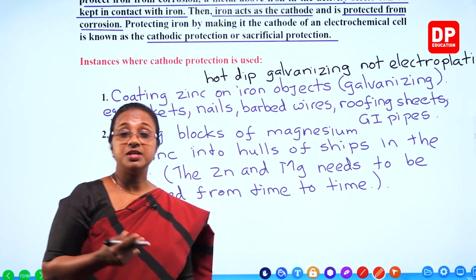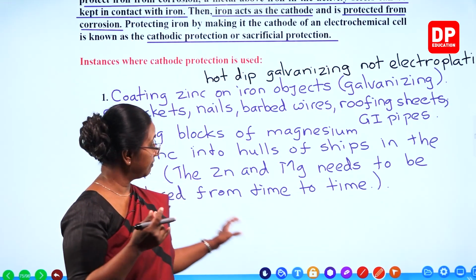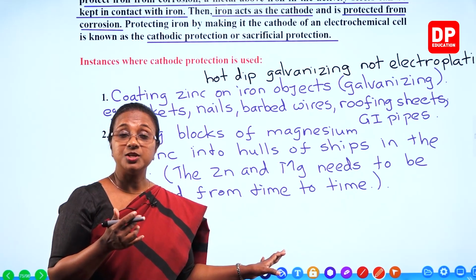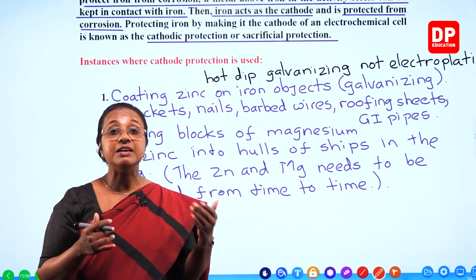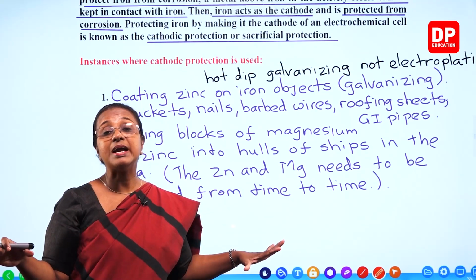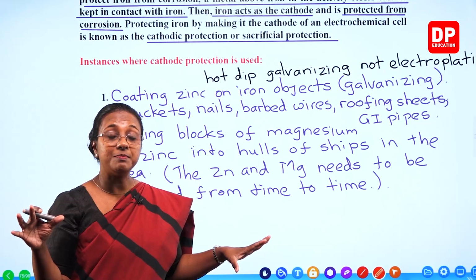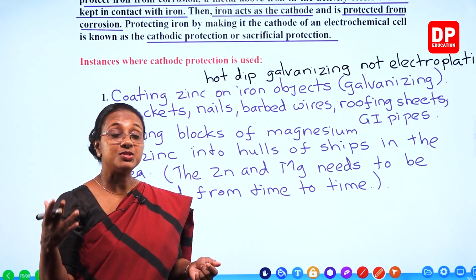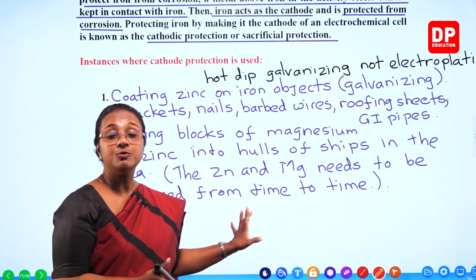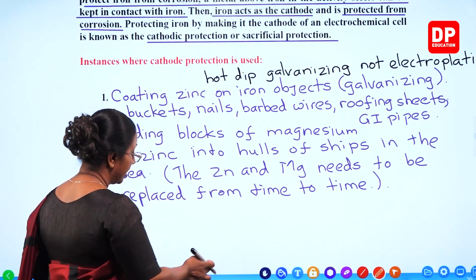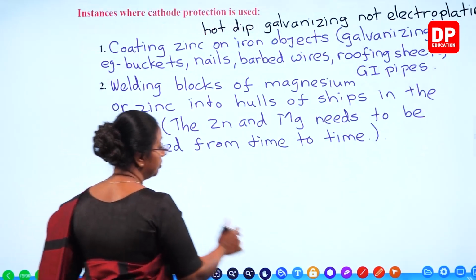You can remember students, when we discuss magnesium, we have discussed this application or use of magnesium not only in hulls of ships, even in long pipelines, long iron pipelines, oil pipelines, as well as in large structures like bridges. They use the same method. So that also is something that you need to remember.